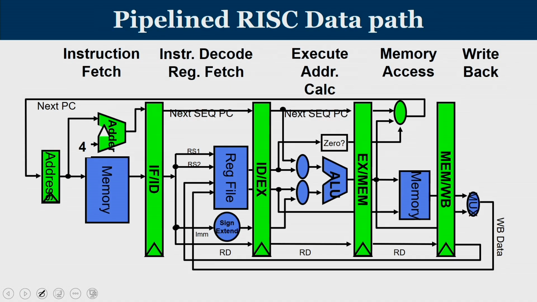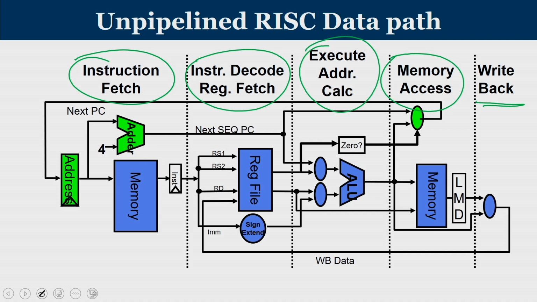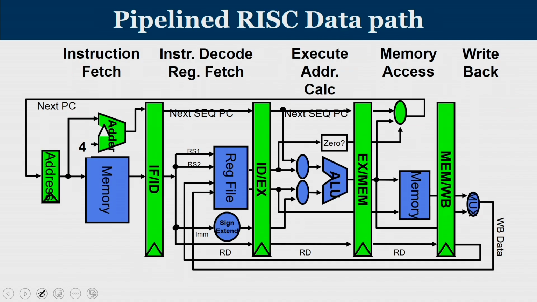Now, when you are going to pipeline this, then with the 5 stages you have seen, between 2 stages, let us say stage 1 and stage 2, we are going to add an interfacing in between them, and that is called the pipeline registers that is kept between various stages.